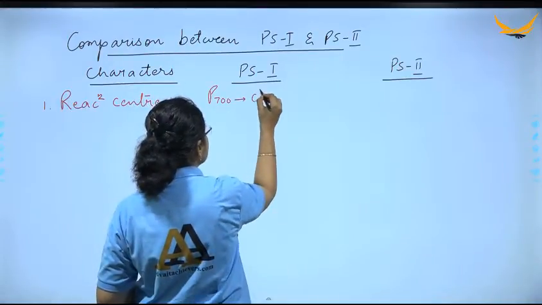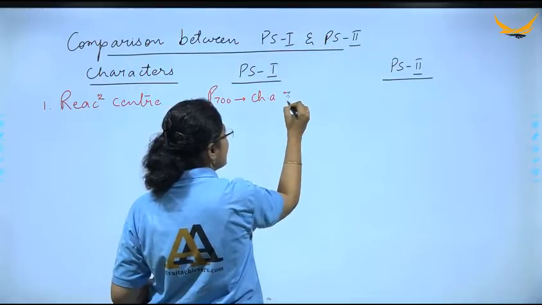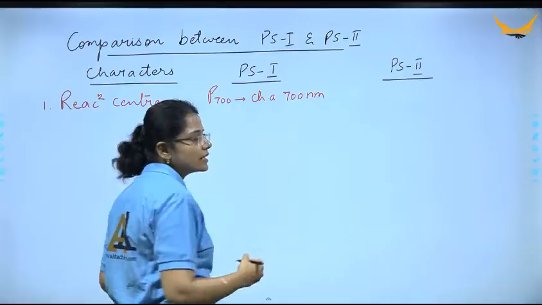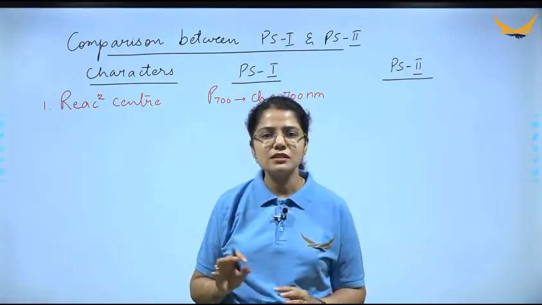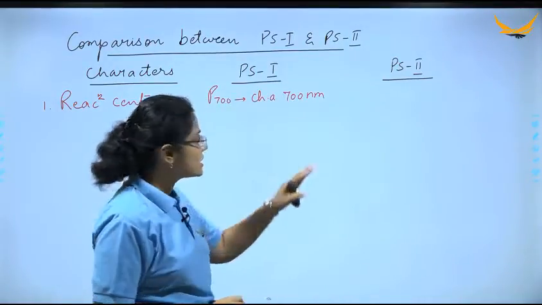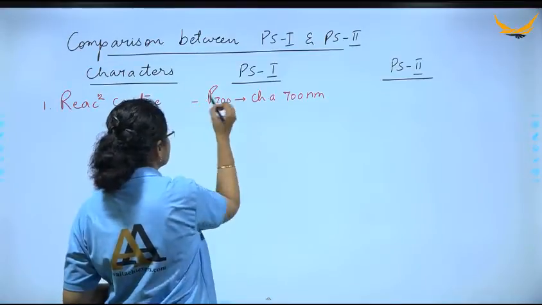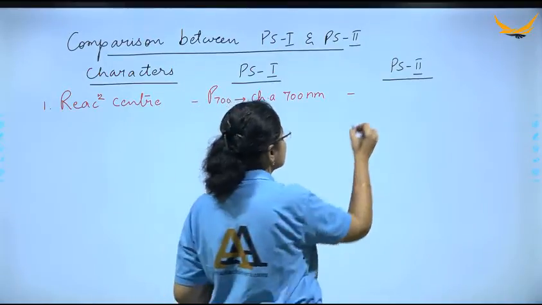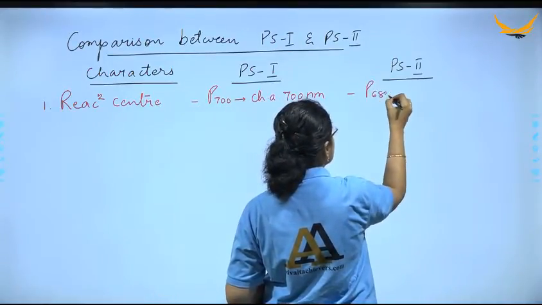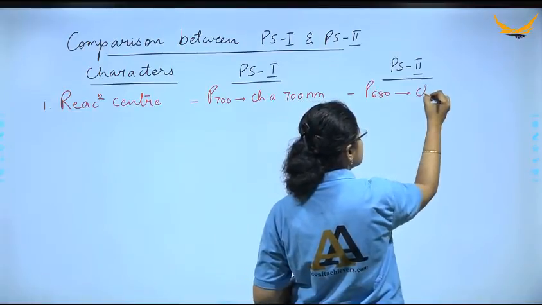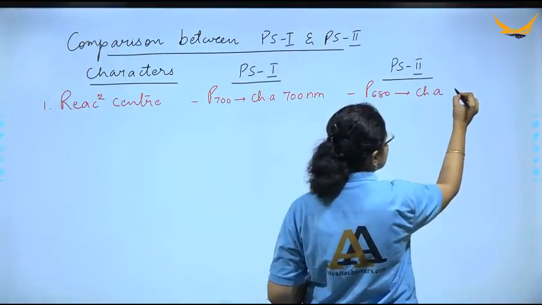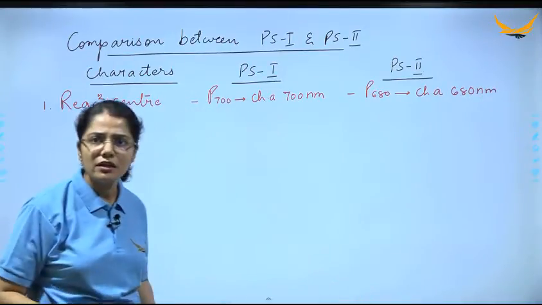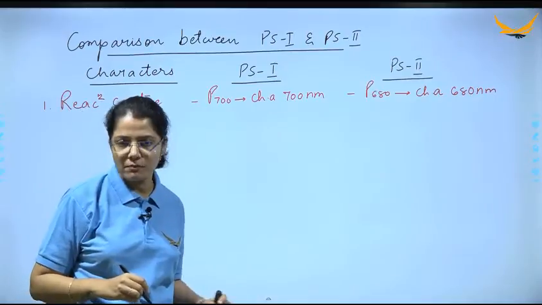Of course the reaction center is chlorophyll A, but the wavelength absorbed is 700 nanometer, right? This is clear? Then in case of PS2, it is P680, that is, of course chlorophyll A is the reaction center and absorbs 680 nanometers wavelength, right? So this was the first point of comparison.